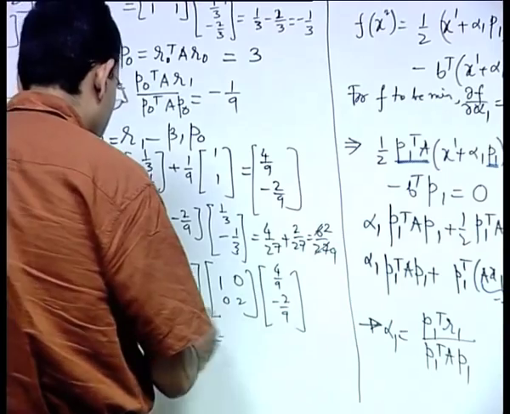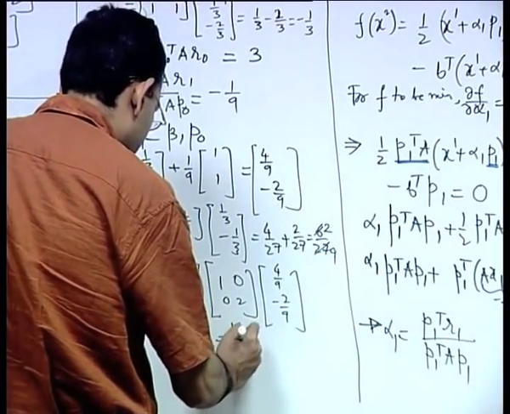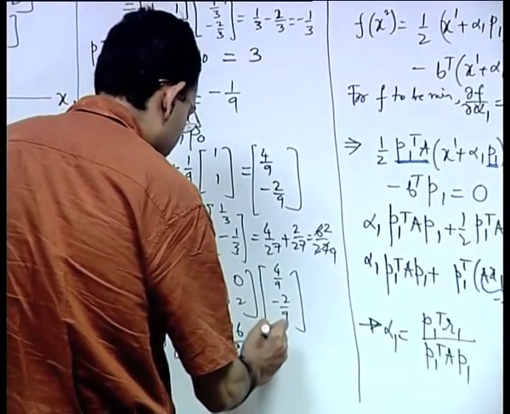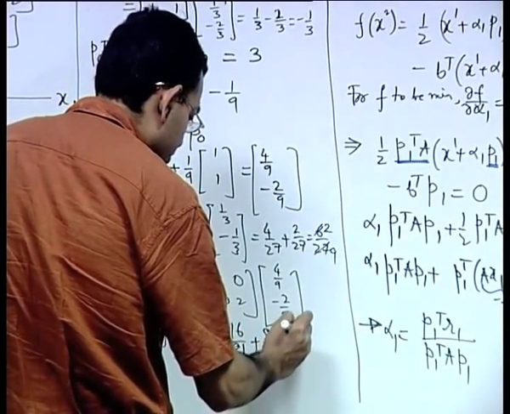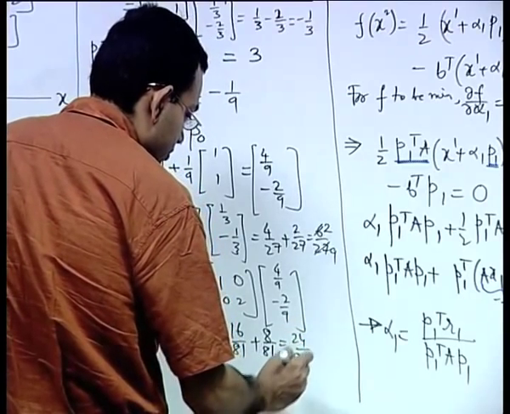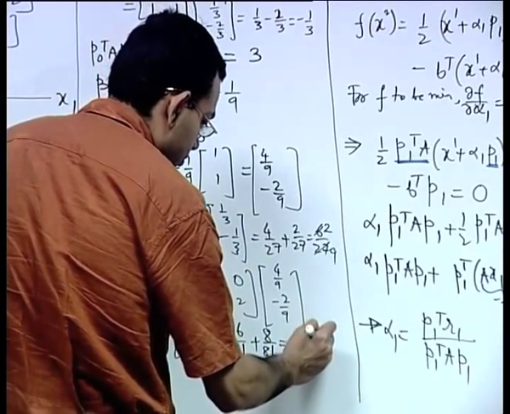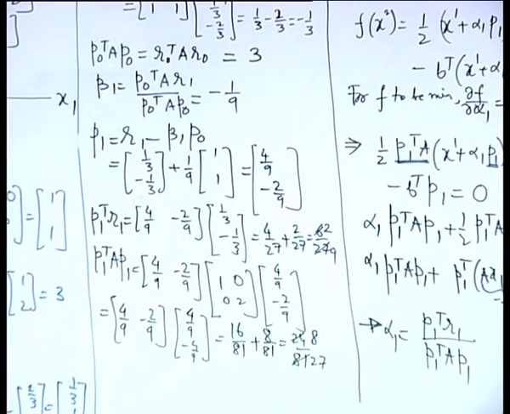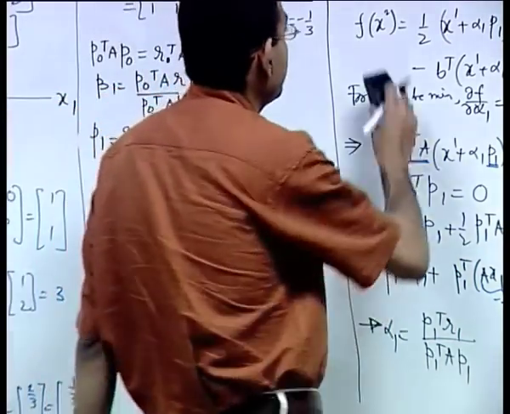So 4 into 4, 16 by 81, plus 4 into 2, 8 by 81, 24 by 81, 8 by 27. So next we can calculate what is alpha 1.